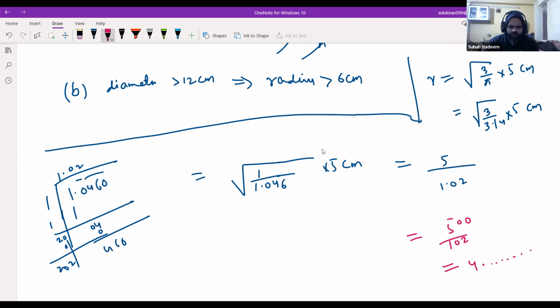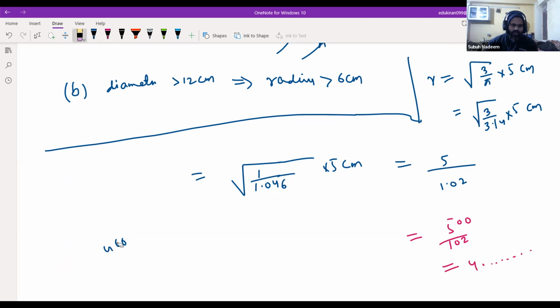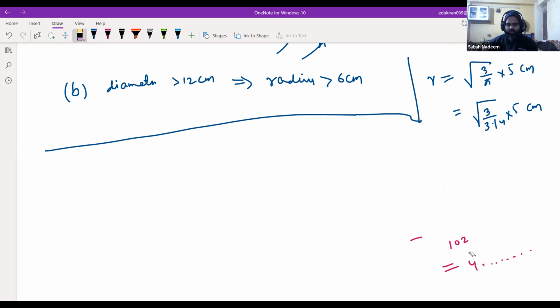You don't have to do that much calculation. You will just understand here. It is already given that the radius is greater than 6 centimeter, will it affect or not? Just see by a simple method that 3 here is less than 3.14.